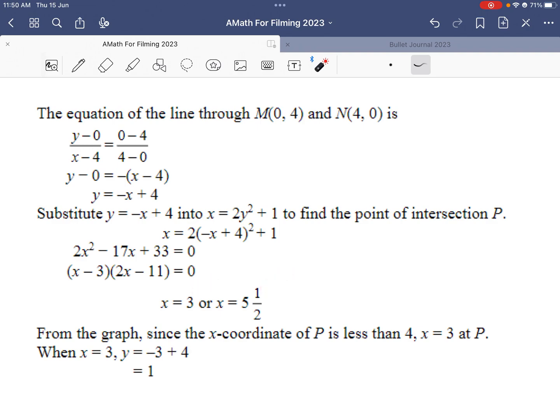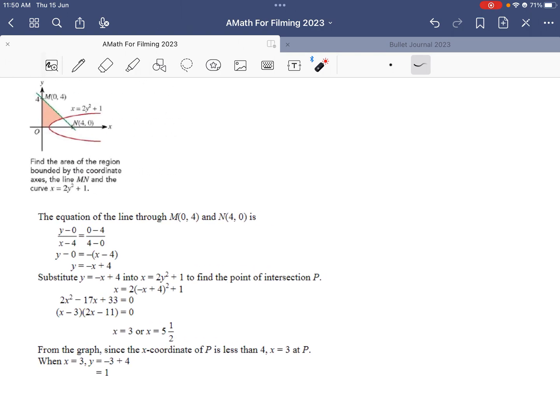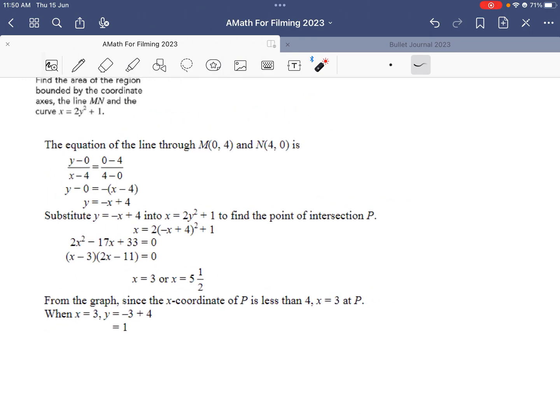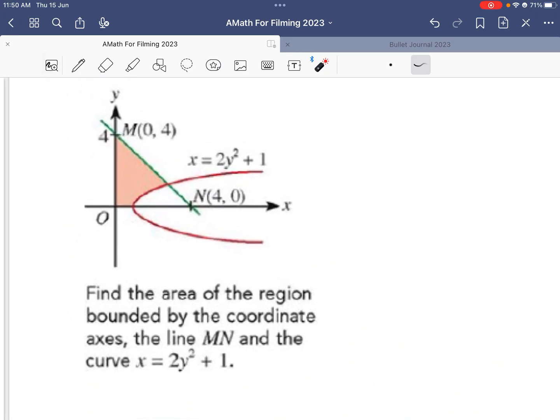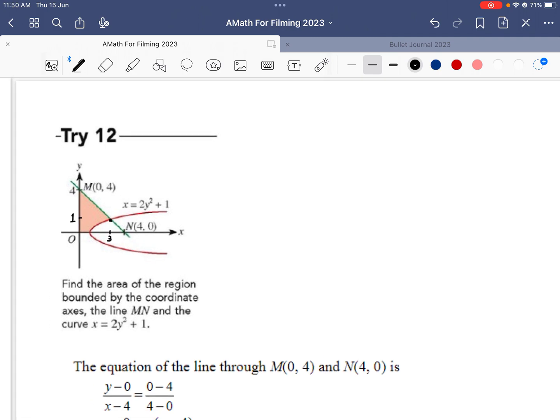Then you substitute in, you get 3 and 5.5. So you know that for P, quite clearly it must be below 4, the x value, therefore x is equal to 3. So when x equals 3, the y value equals 1. So if you have done everything correctly, for this point, the x value is 3, the y value is 1.